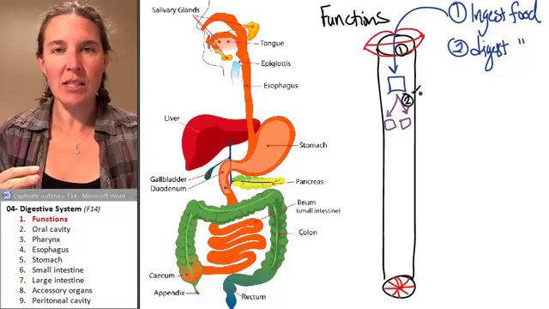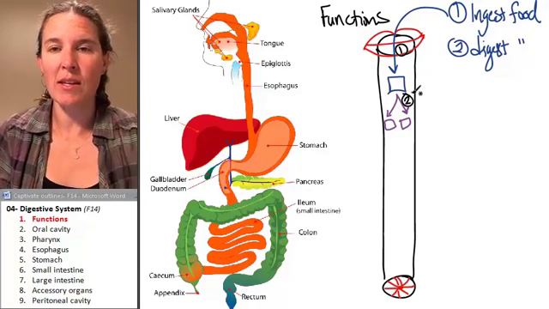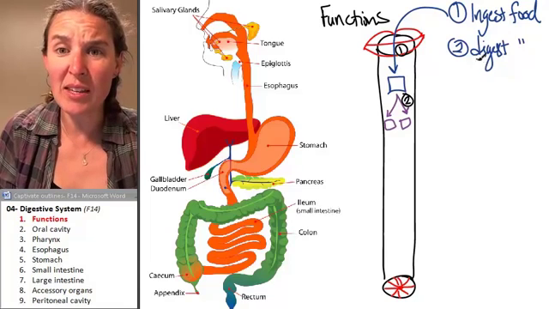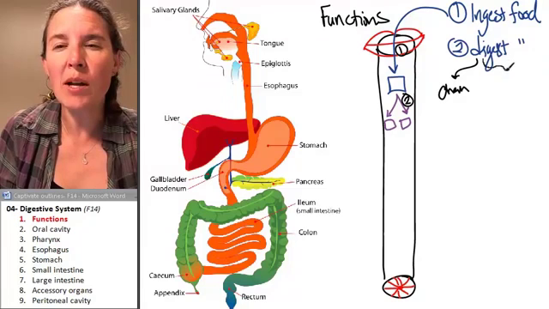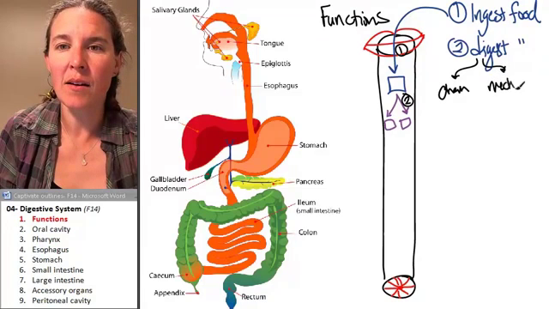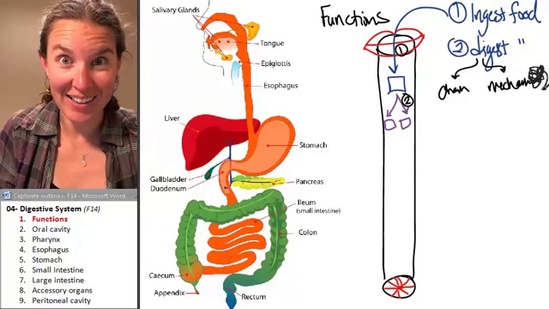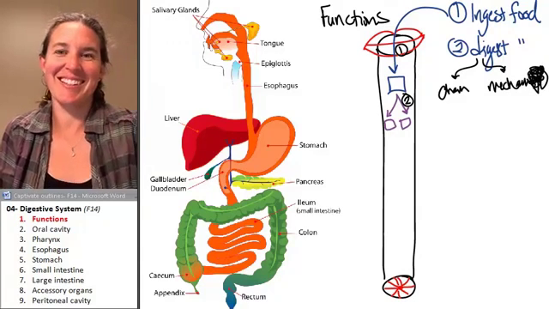In our digestive system, there are 2 ways that we break things down. We can break things down chemically, or we can break them down mechanically. That says mechanically. Of course it does.